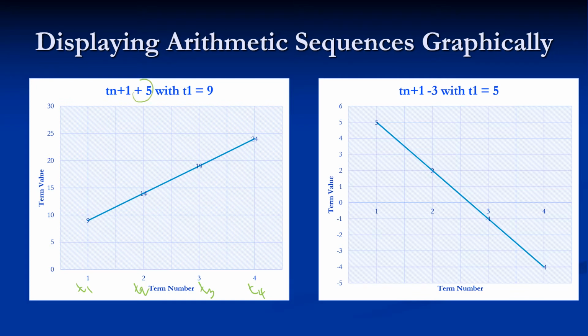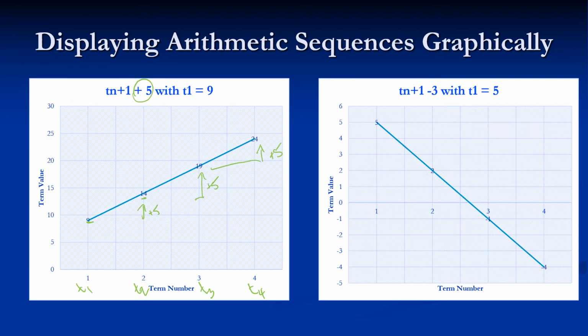So remember, we're going up by 5 each time, so we're going from 9 to 14. So that's up by 5, and then from 14 to 19, that's up by 5, and then 19 to 24, that's up by 5.